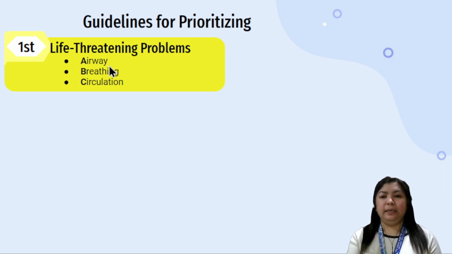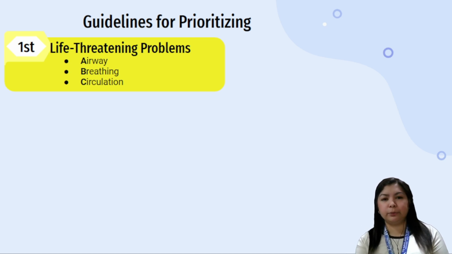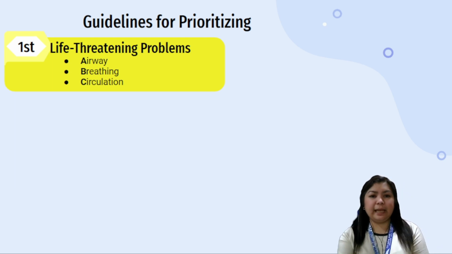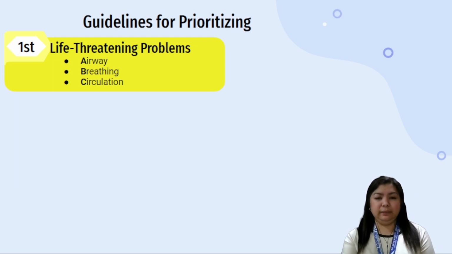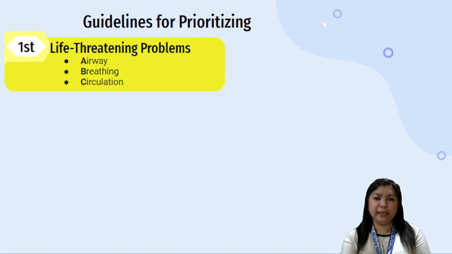Next, you have breathing. Breathing function should be assessed after the airway is managed. So assessment of breathing is intended to identify signs of respiratory distress like abdominal breathing, central cyanosis, shallow and rapid breathing, and unequal chest movement.